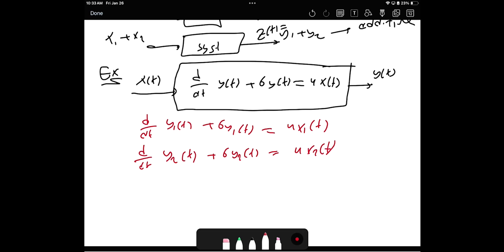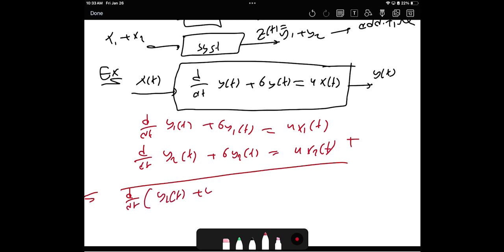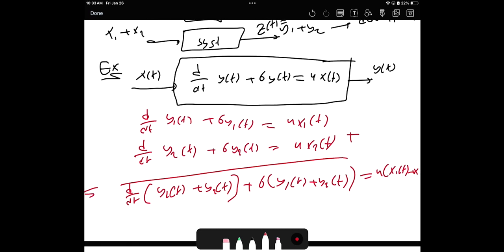So when we sum of them, it will be as d by dt of y1 of t plus y2 of t plus 6 y1 of t plus y2 of t equals 4 x1 of t plus x2 of t. Okay.